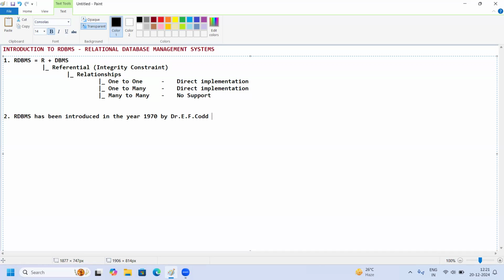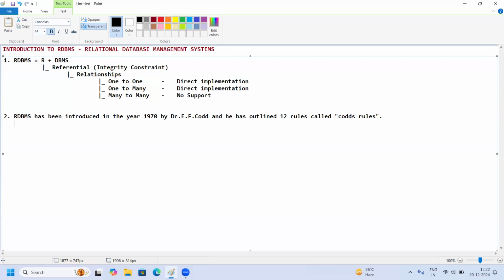Dr. E.F. Codd. The RDBMS was introduced in the year 1970 by whom? Dr. E.F. Codd. And he outlined 12 rules called Codd's rules.